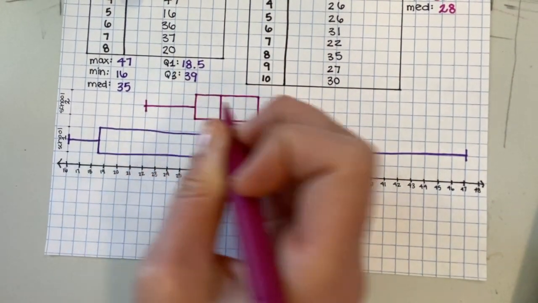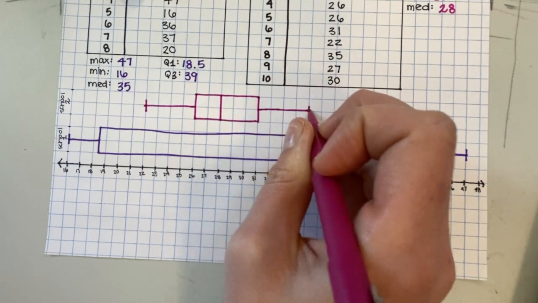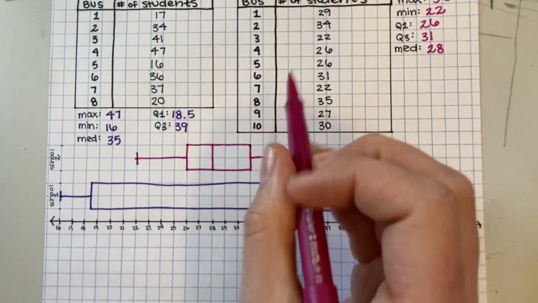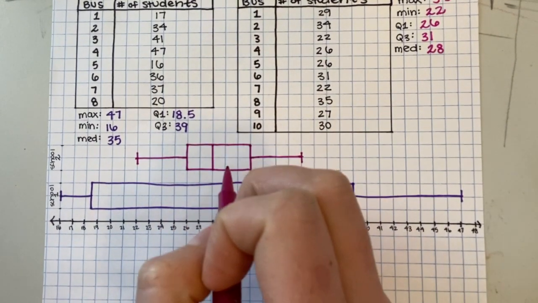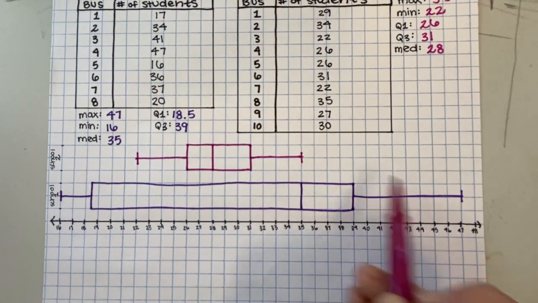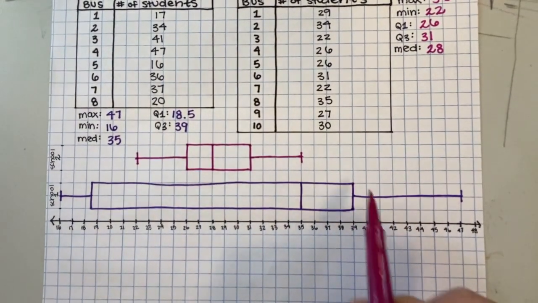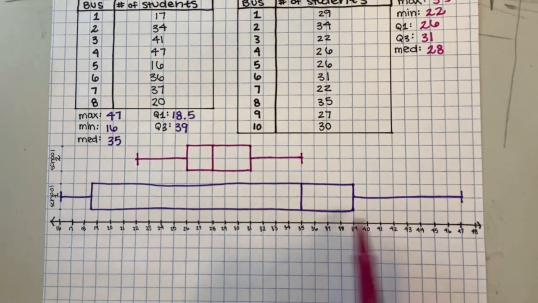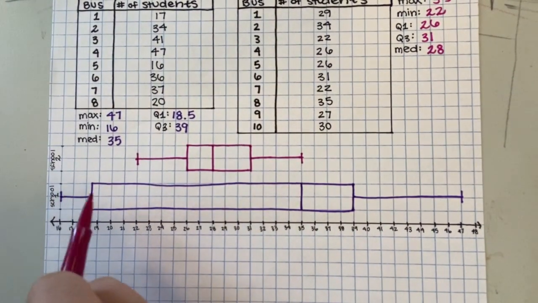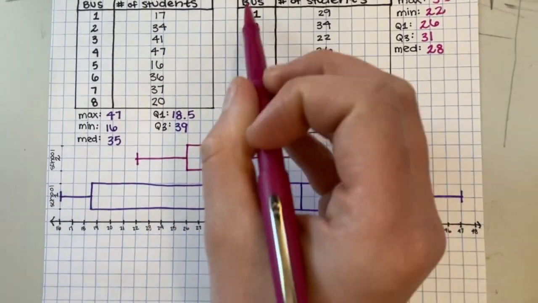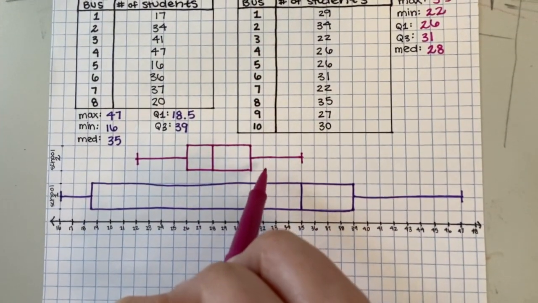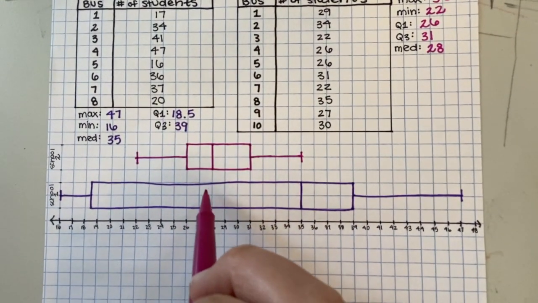What we'll notice about this data is that it really does make sense that they have more buses, because each bus tends to carry fewer students. On these buses over here, we've got a large number of students on them and just a couple that have just a few students, whereas on this one, yes, we have more buses, and on each of those buses we've just got a few less kids.